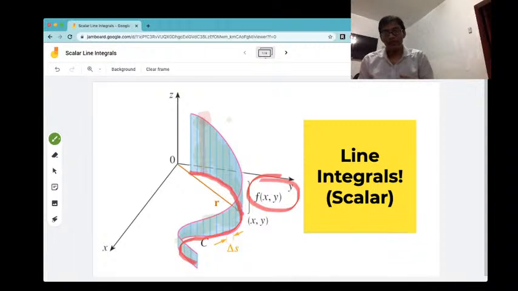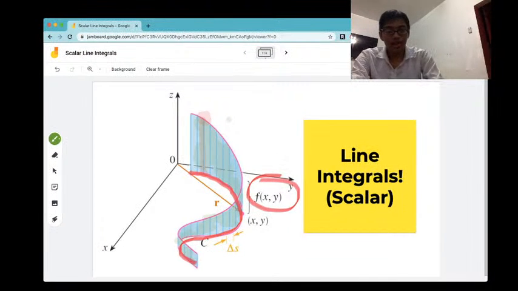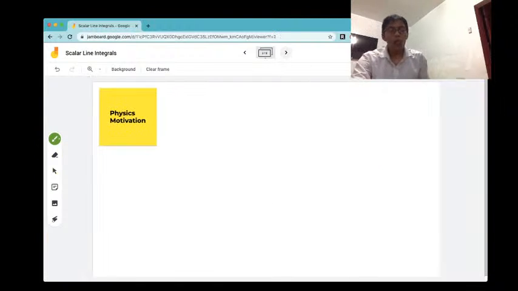Okay, so now that you have some kind of an intuition of what I mean by a line integral, I'm going to go ahead to the next slide. On the next slide, we're going to cover why we need the line integral, right? Why would anyone even care about the line integral?